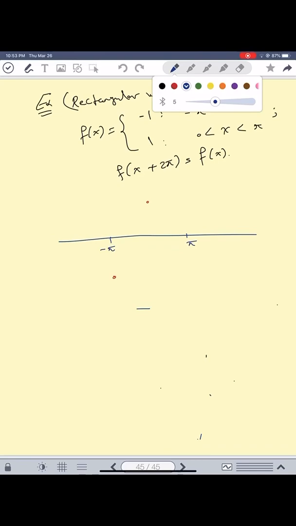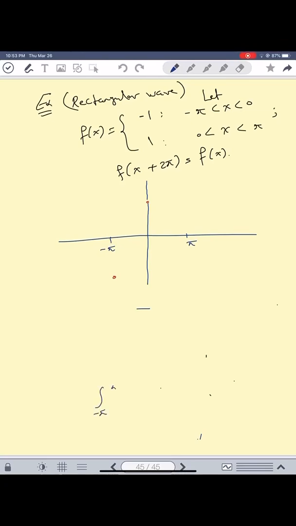And when we do integrals, points do not matter. So when you integrate, for example, from -pi to pi, is minus pi or pi included? This is irrelevant, because as you know, the integral represents an area.